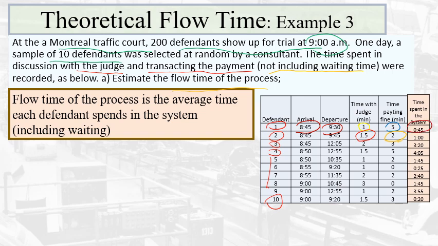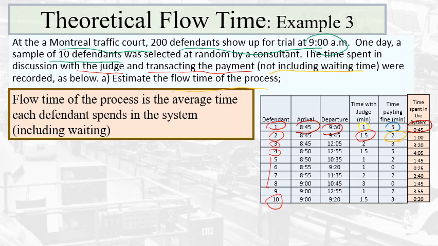So that time is waiting plus actual meeting the judge and paying the fee. So that 45 minutes is the actual time in the process, but that includes obviously a lot of waiting. He or she only meets the judge and does the payment for 6 minutes. The rest of the time is just wasted waiting, and so on.